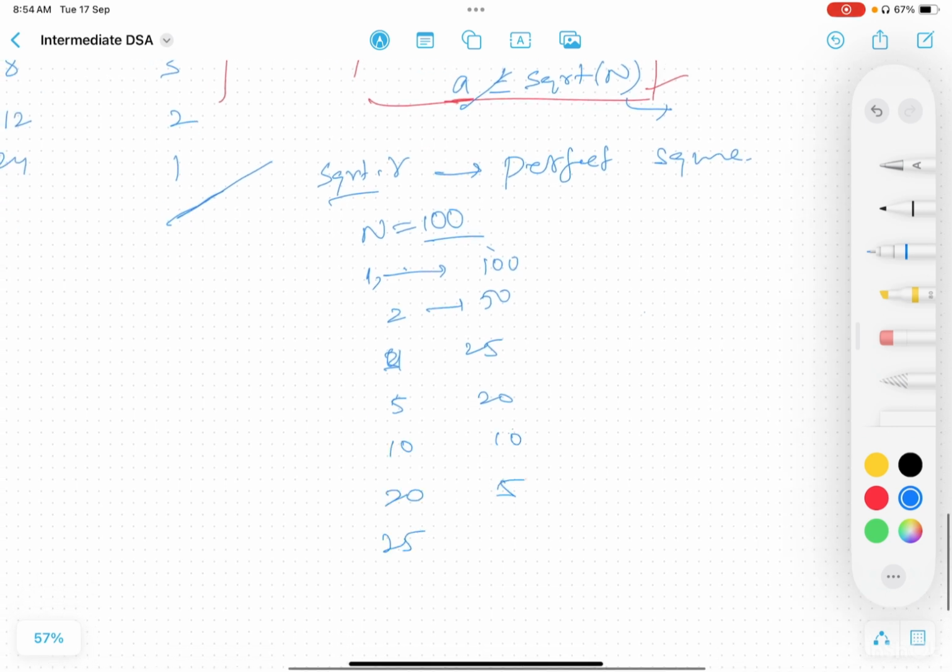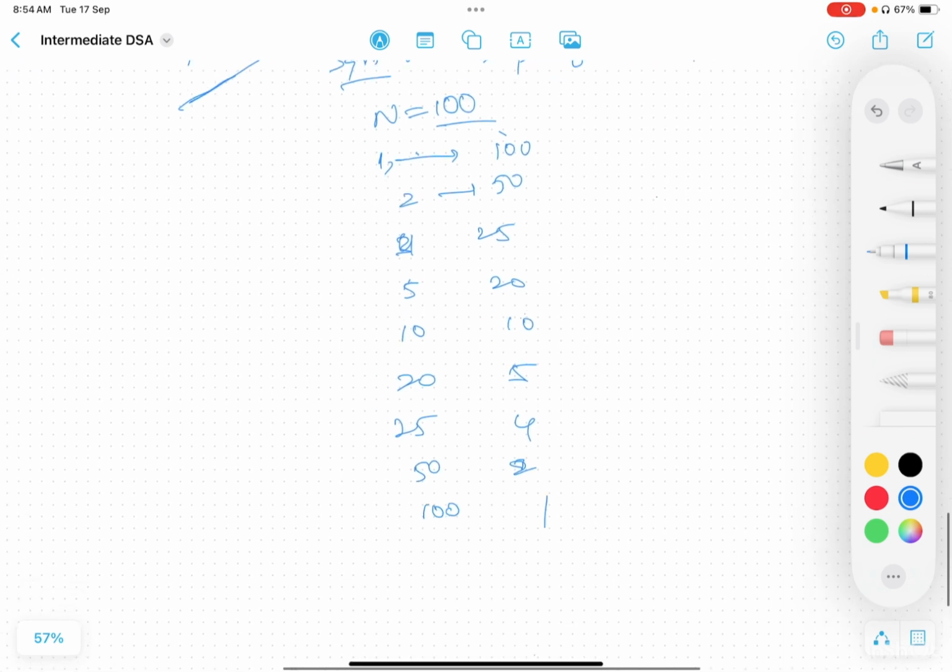If you see this, pair exists, pair exists, pair exists, pair exists, pair exists, but it is repeating itself.